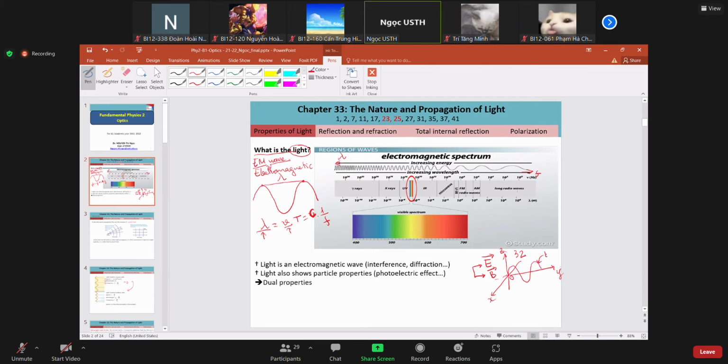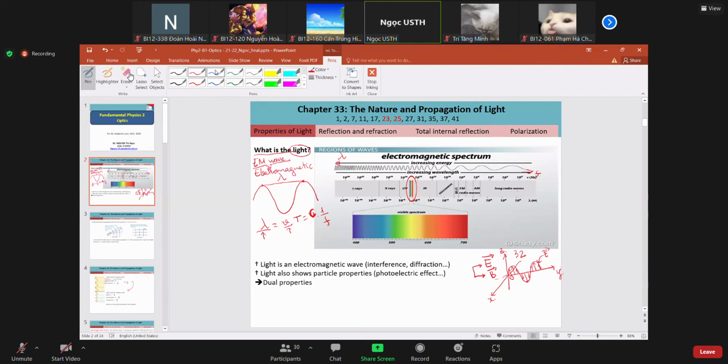Here is the electric field. You see that at different positions, the magnitude of the electric field is different, different in magnitude and also in direction. Here is the propagation of the first component of the electromagnetic wave.